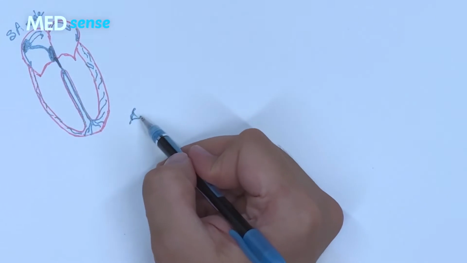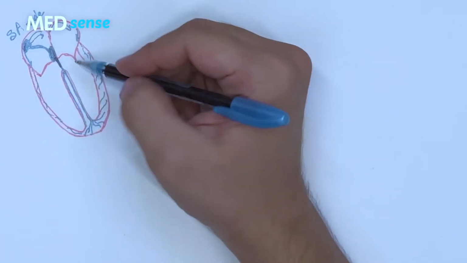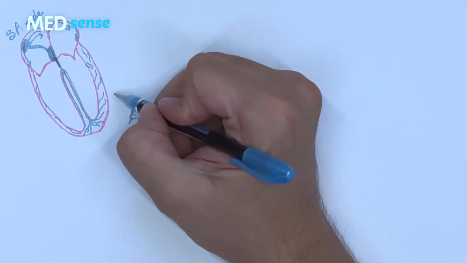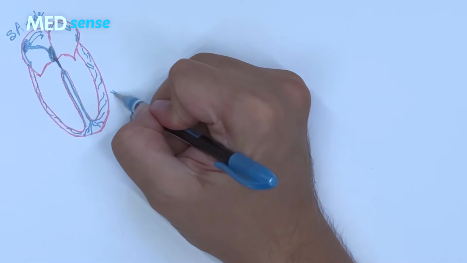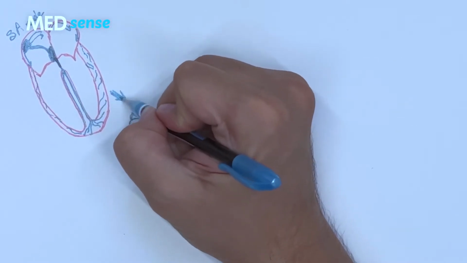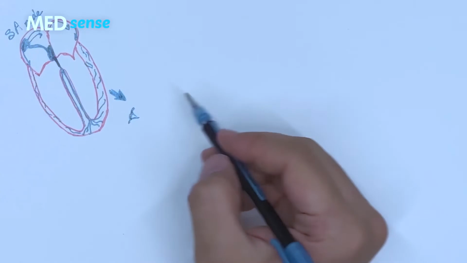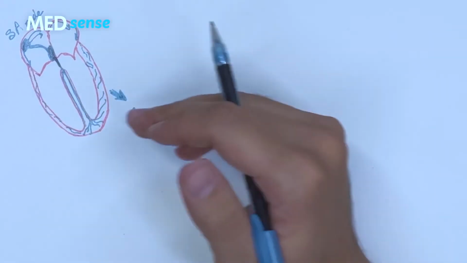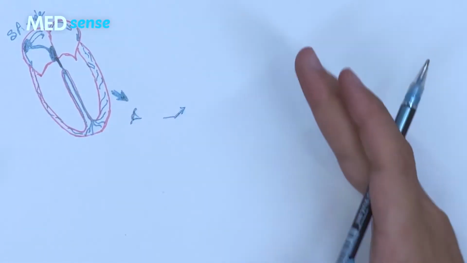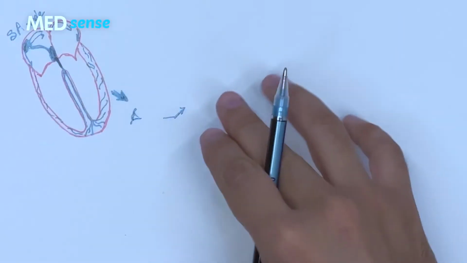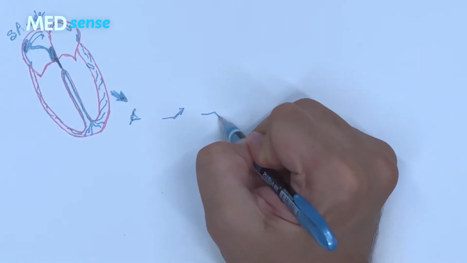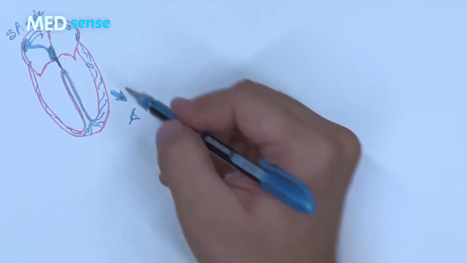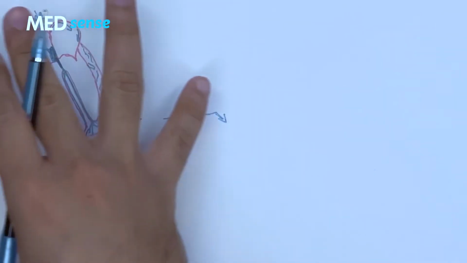You are looking at the heart, and this positive electrode can detect any positive electrical current when it is moving or propagating toward it as a positive deflection. And when this positive electrical current is moving or propagating away from this positive electrode, it will interpret it as a negative or downward deflection. Okay, let's do it again.